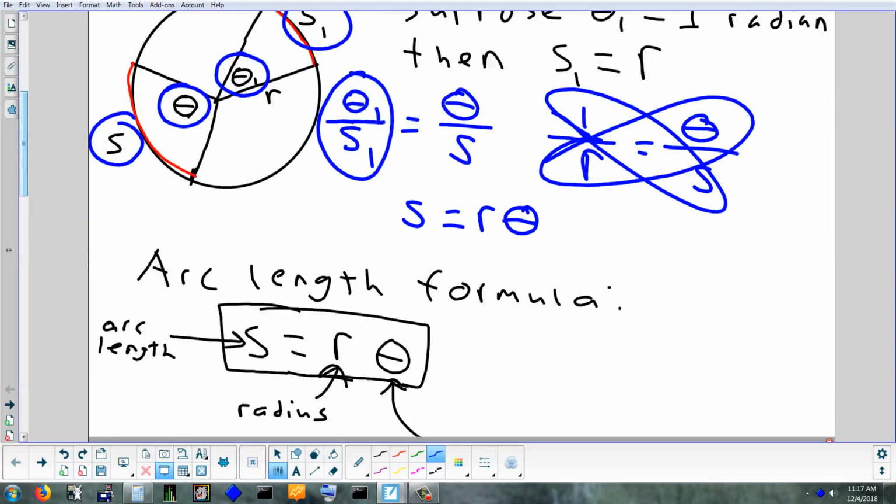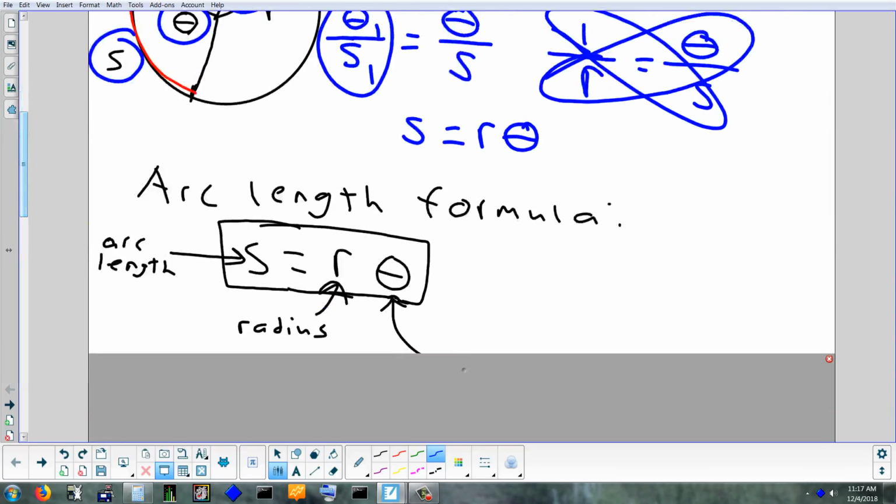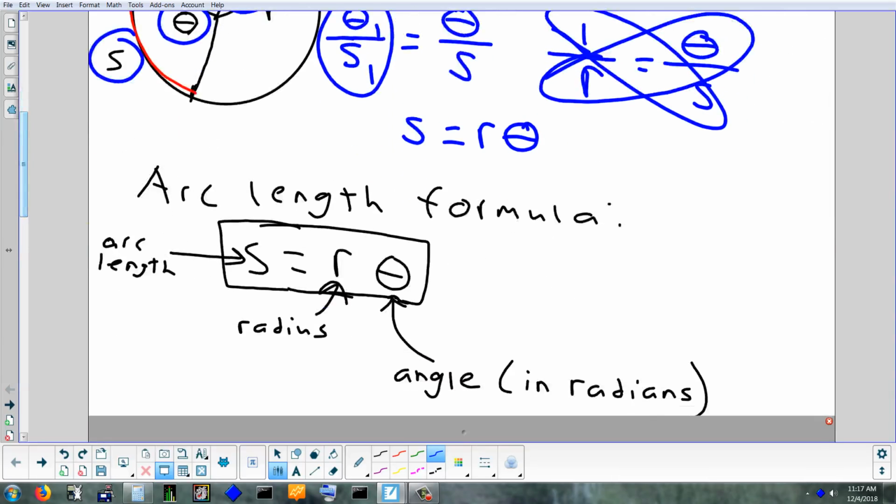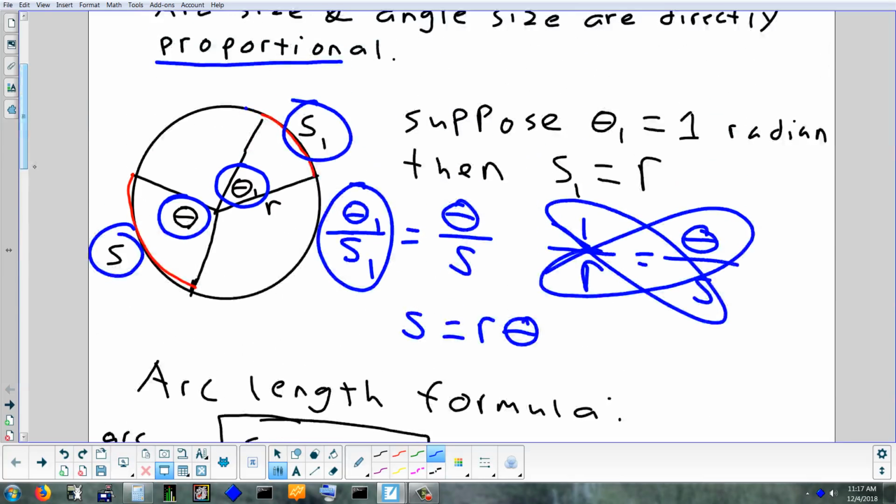So S is your arc length, r is the radius of the circle you're dealing with, and theta is your angle. But the angle has to be in radians. Why does it have to be in radians? Because way back when we started the whole thing, we assumed that our angle was in radians.